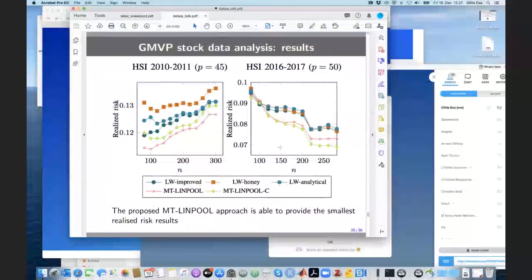And this happens in both cases. Actually, this n here is the past window length that you are using to estimate the covariance matrix. For example, if n is 200, we are using 200 past historical returns to estimate the covariance matrix. And here we are using 300 of the past historical returns and so on.